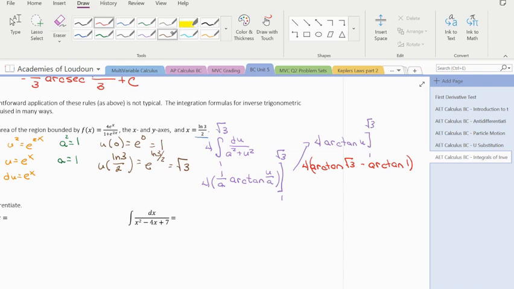Arctangent of square root of 3 is going to be pi over 3, so we have 4 times pi over 3. Arctangent of 1 is pi over 4, which gives us 4 times pi over 12, which gives us a final solution of pi over 3.